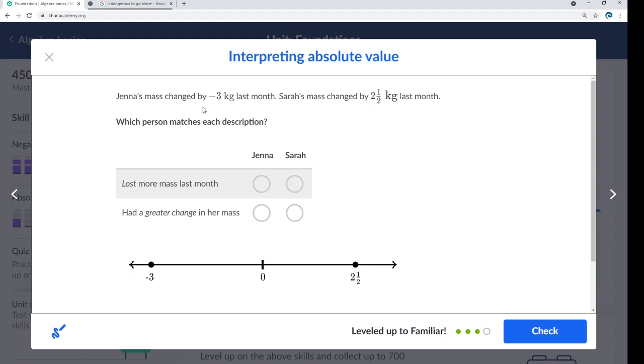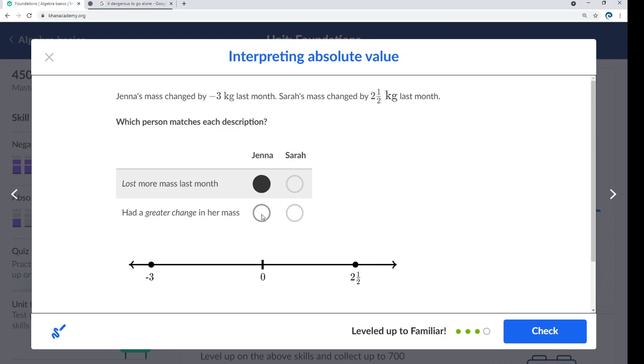Okay, so Jenna's mass changed by 3 kilograms. Sarah's mass changed by 2.5 kilograms. So clearly Jenna lost more, because Sarah gained mass.